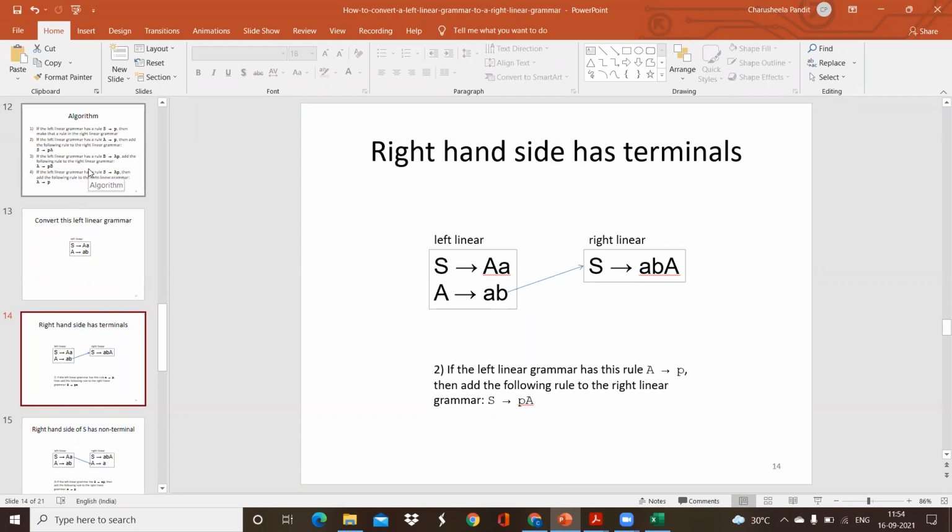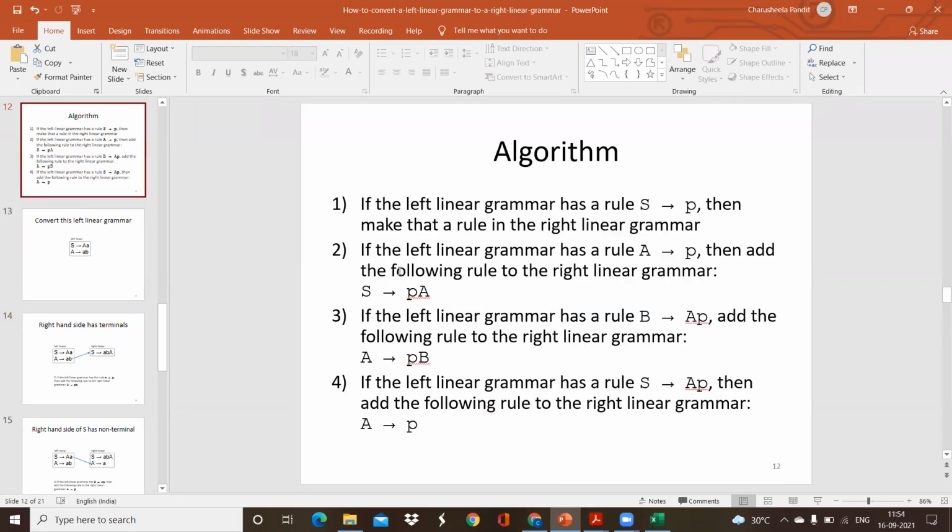And if you look at rule number 2 for the left linear grammar, if you have a production rule of the form A derives a set of terminals, zero or more terminals, then you have to add a production rule S produces PA. So you use the set of terminals and the non-terminal on the left hand side, combine them, and put it for the start symbol S.